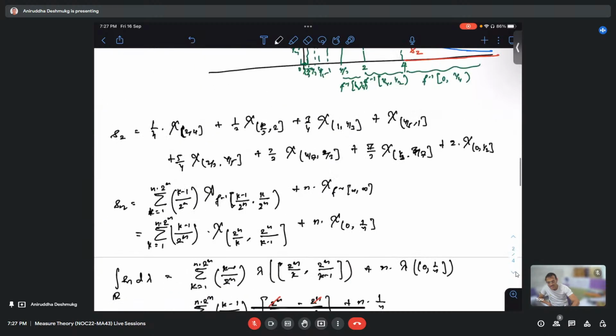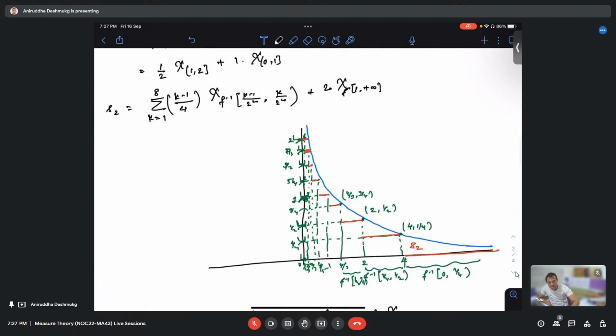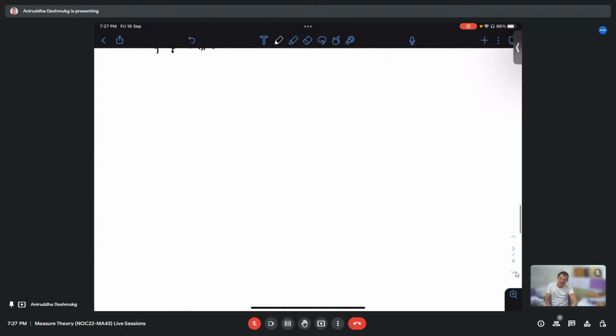So one might ask, what happens if we remove some part after 0 and consider this 1 by x after that part? That means, let us look at this function. So consider f from R to R as follows. Although evaluating it may be difficult, I'll give you an idea and one can try.